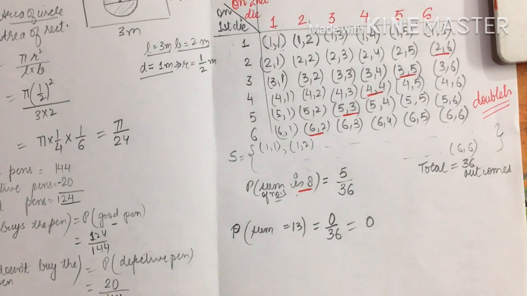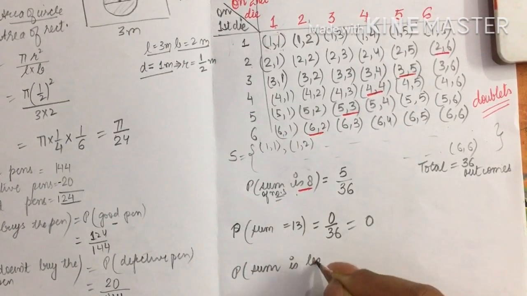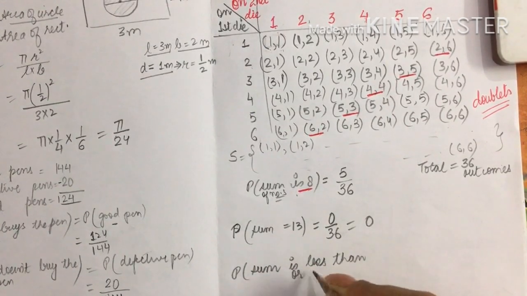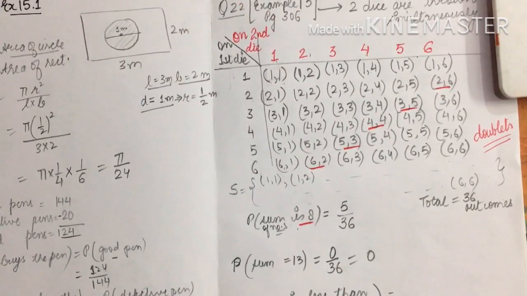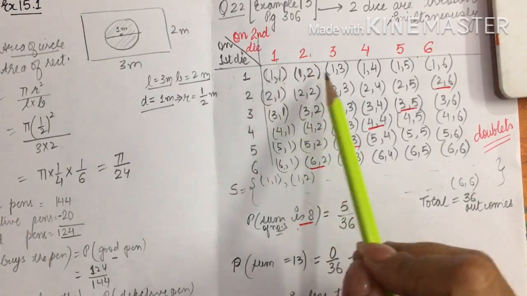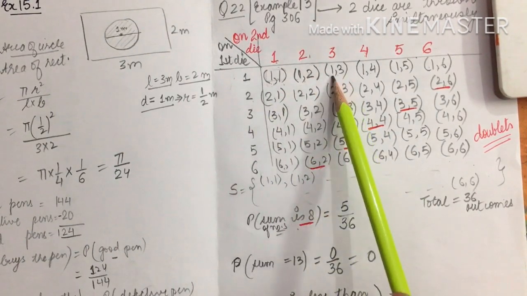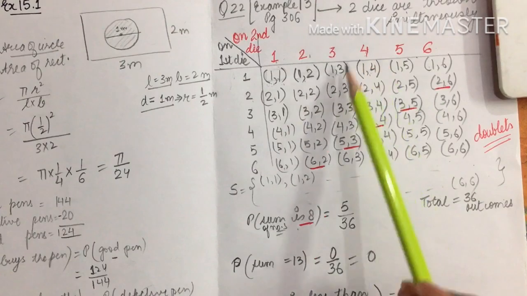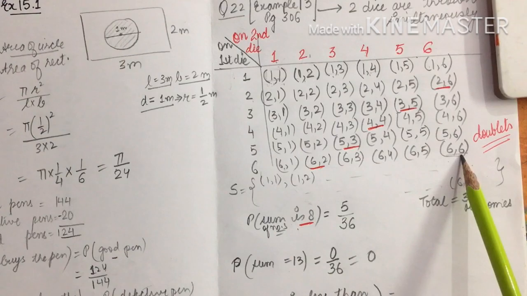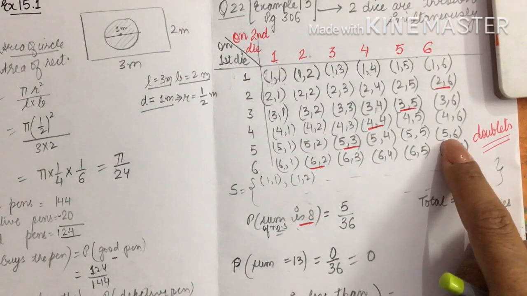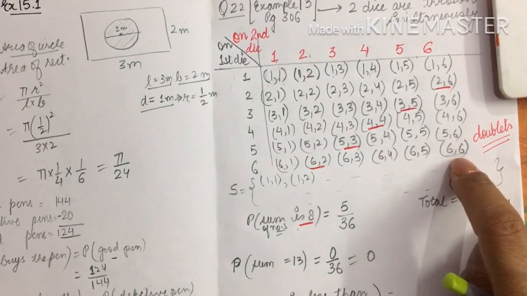Now let's look at the third part. Third part is sum is less than or equal to 12. So the sum is less than 12. If you start looking at each of these, here the sum is 2, less than 12, sum is 3, less than 12, sum is 4, less than 12, 5 total is 5, which is less than 12. If you keep counting till you reach here, except for this one, in all the cases the sum is less than 12, and in this one the sum is equal to 12.